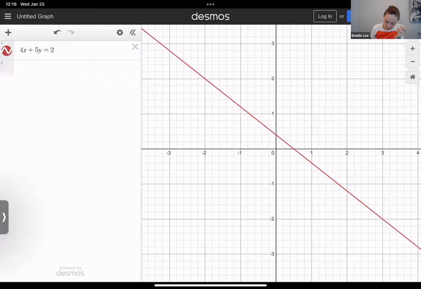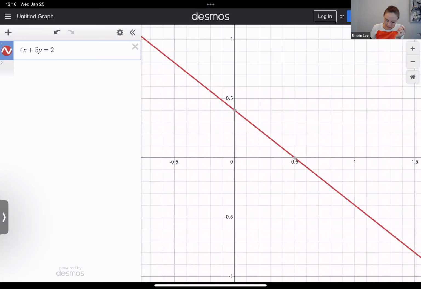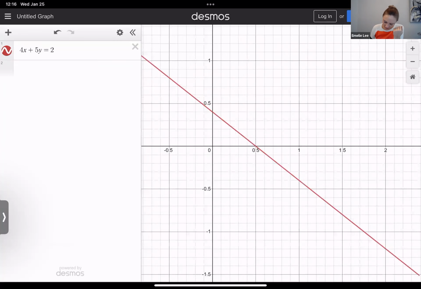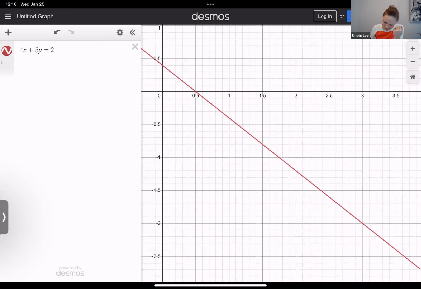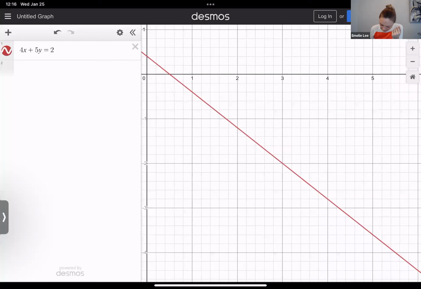So I'm going to zoom in here. I can click these points, and sure enough, I see that the y-intercept is at 0 and 0.4. And then, just to check my work, the other point I found was when x equals 5.